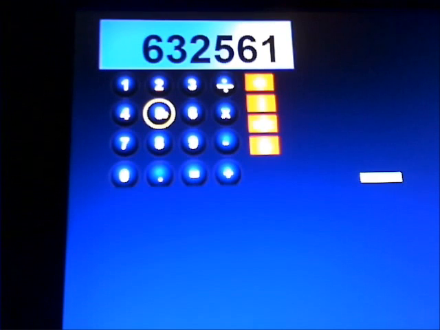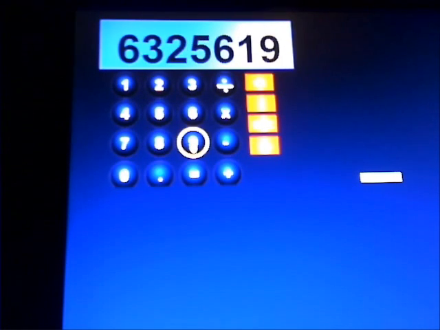Let's put another one in. Let's put in 9 as well. So up here we have the numbers 6, 3, 2, 5, 6, 1 and 9.